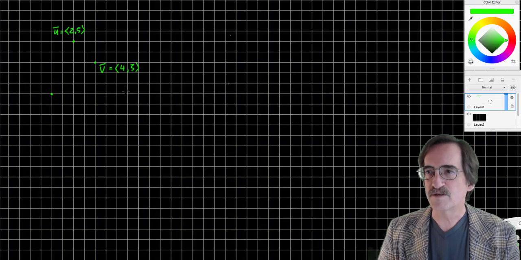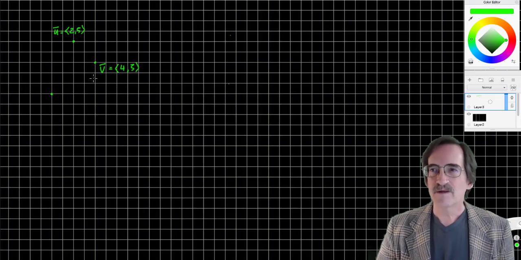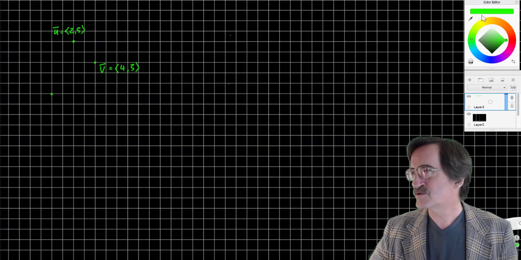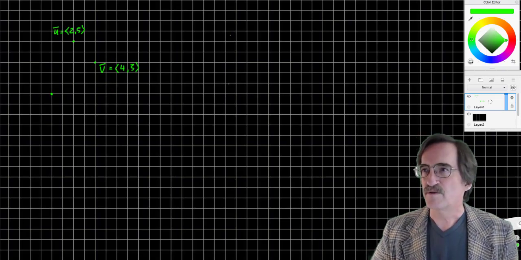Or you could express it as 4i plus 3j. Okay, so we've got these two vectors. Let's go ahead and draw them.